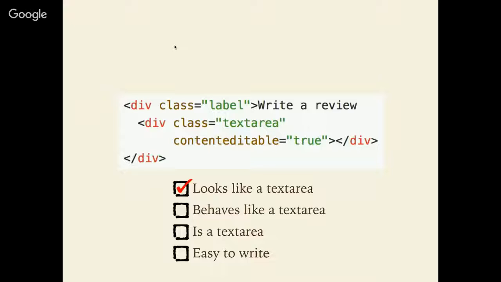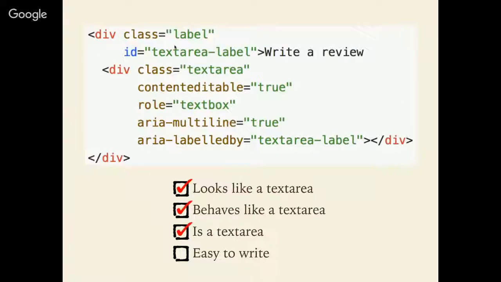So it sort of behaves like a text area, but I'm not sure if it's actually exposed as a text area, but I don't believe so. In any case, you can't click on the label to set focus to the text area, so that's an issue. So we can fix a couple of these things.